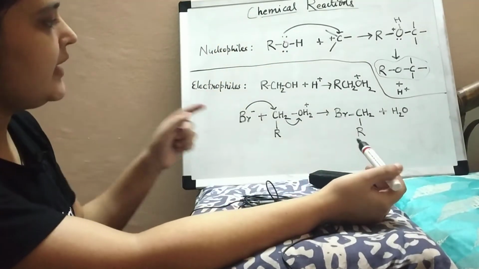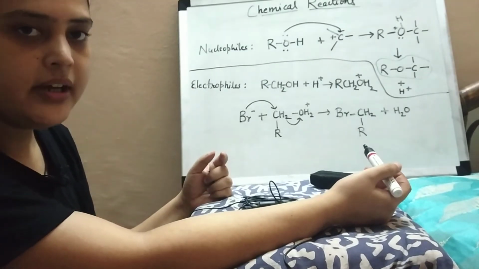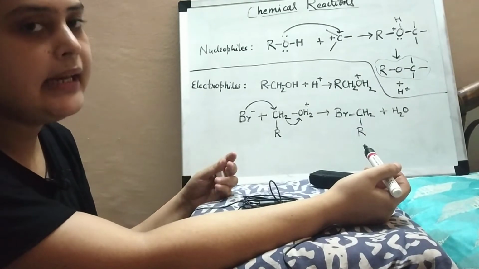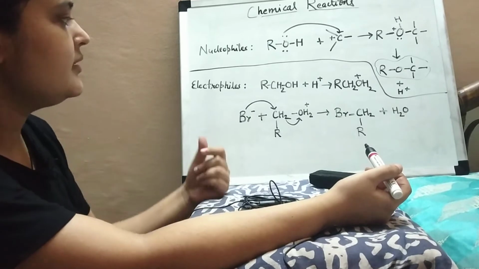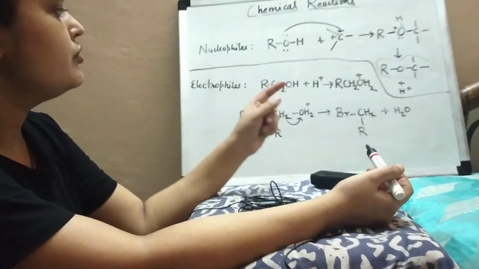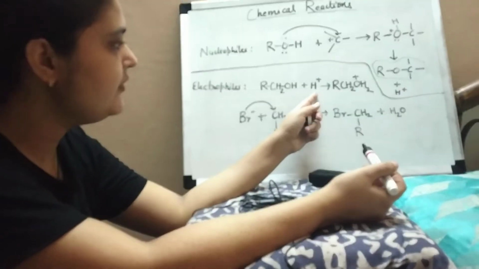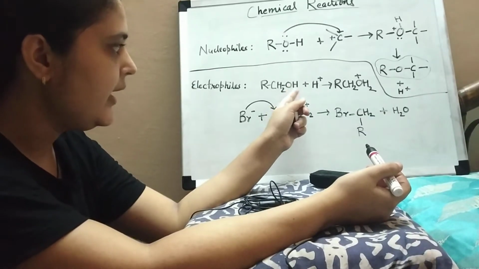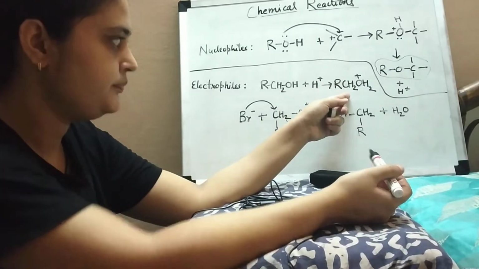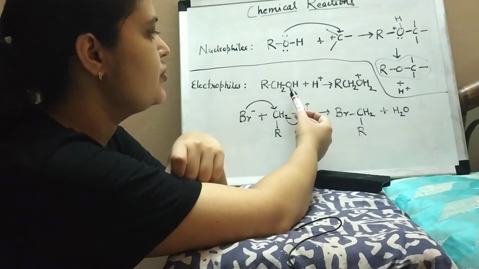Next is when alcohol or phenol acts as an electrophile. An electrophile accepts electrons because it has a deficiency of electrons. First we are taking an acid. Acid will react with alcohol and this product will be formed. This is an alcohol molecule, RCH2OH.